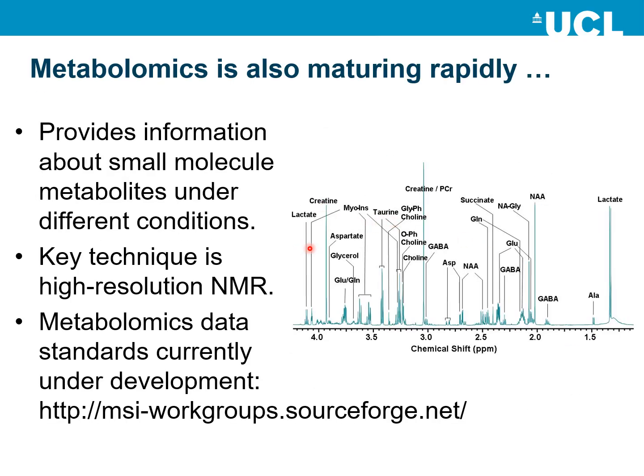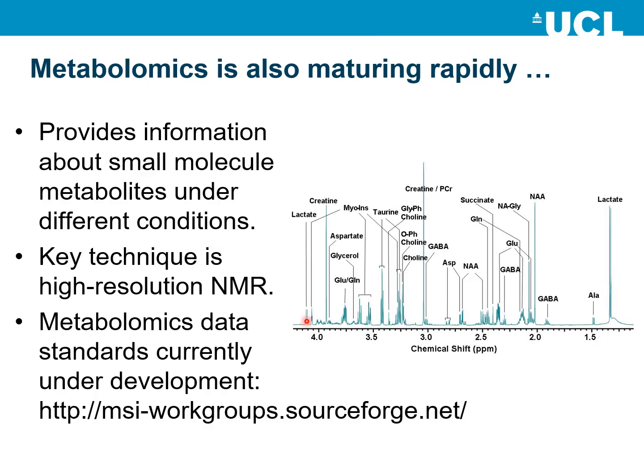One of the key techniques for metabolomics is high resolution nuclear magnetic resonance, NMR. This is a similar technique to the NMR body scanners that produce pictures of people's brains, but you're doing it on just a single sample, across lots of different frequencies.